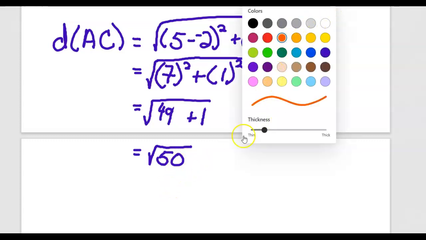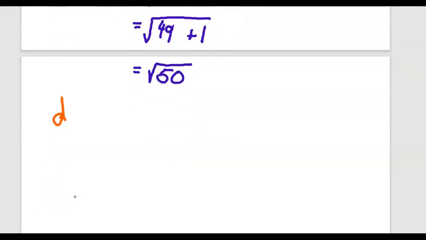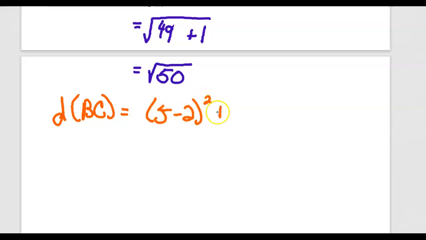Now I've got 2 of my distances. I still need to do one more distance. This distance is going to be from B to C. And so we're going to look at 5 minus 2 squared plus 2 minus 5 squared.